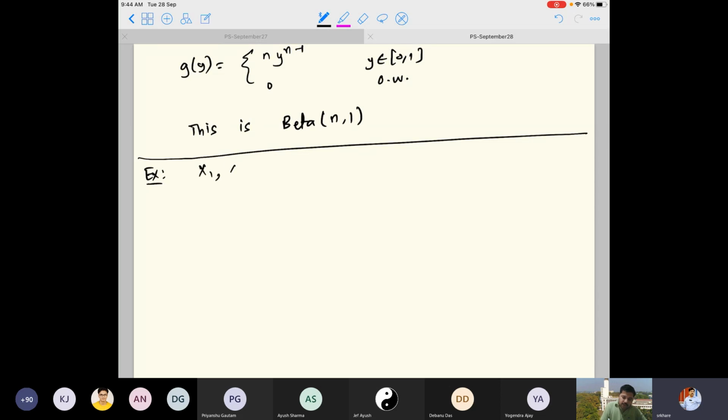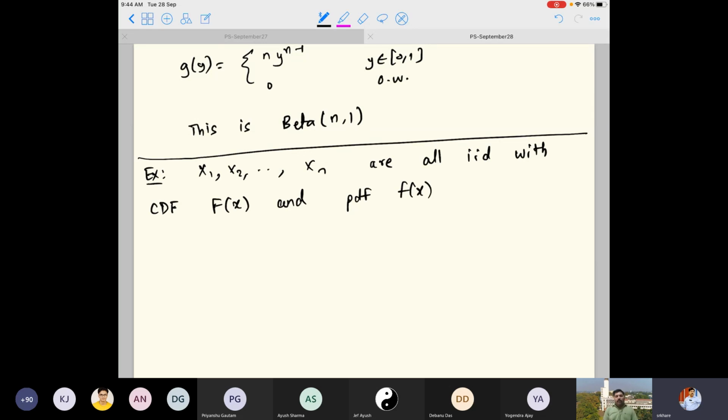Same thing again: X1, X2, up to Xn, they are all independent, identically distributed random variables. Okay, so they are all IID, with CDF capital F and PDF small f.